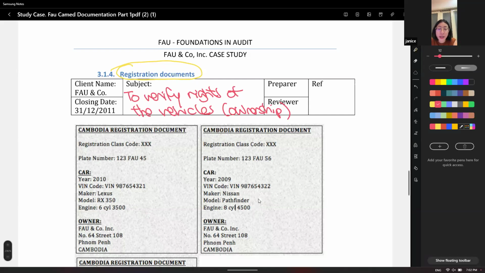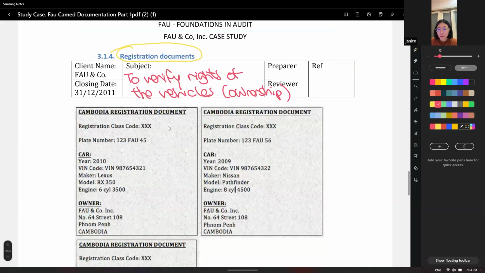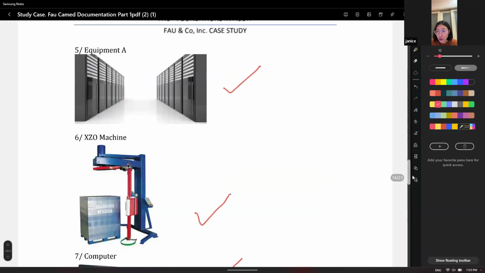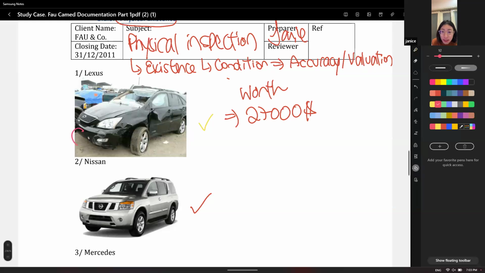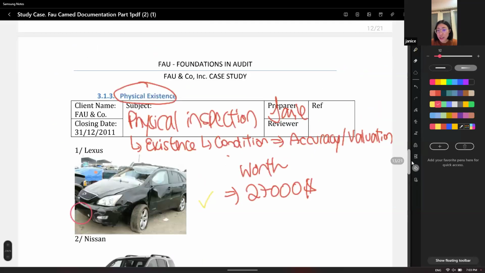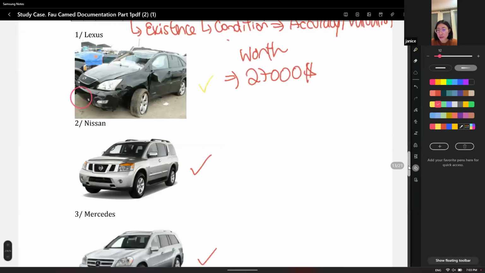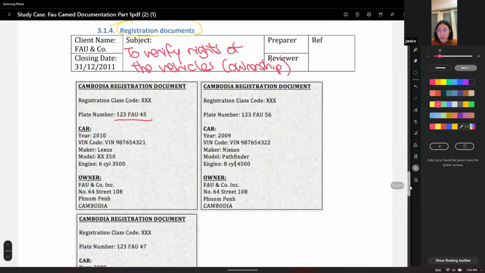So we have three cars. We have the Lexus, the Nissan, and the Mercedes. First, we have the Cambodia registration, and there's a plate number 123 FAU 45, right? What we would do in real life is go back to the car and look at the nameplate, if it's the same, and also if it's the same model. So this should be a Lexus 3 something. We look.